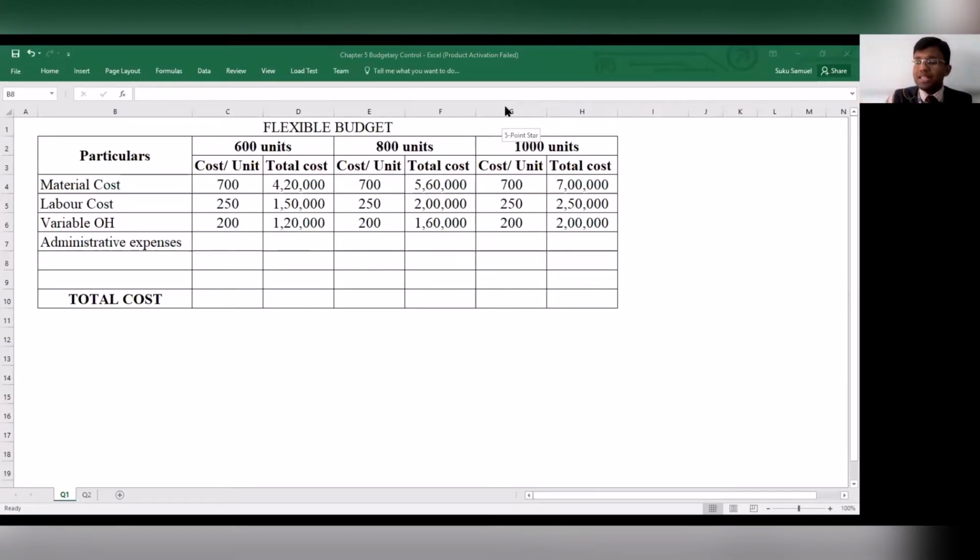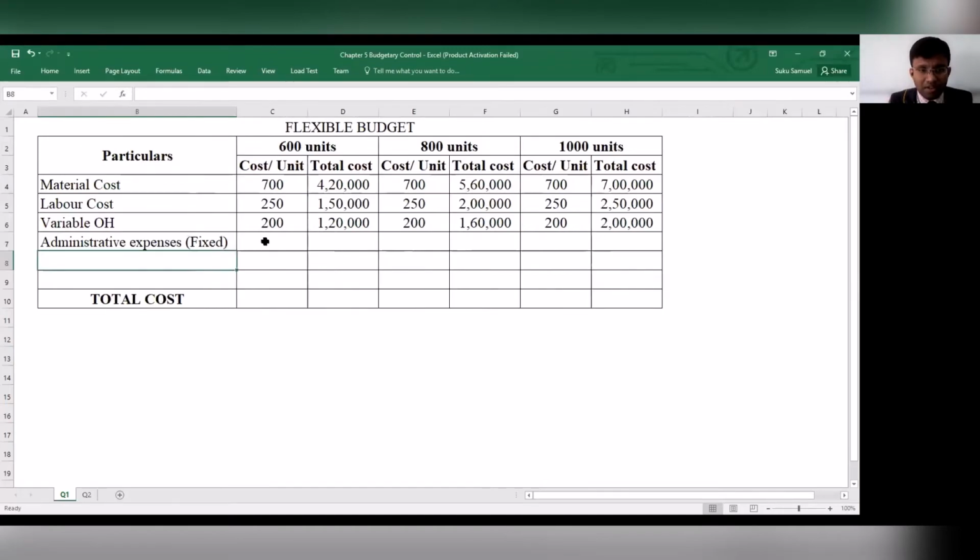So what that means is this is fixed. For you to understand this better, I'll write this as fixed.